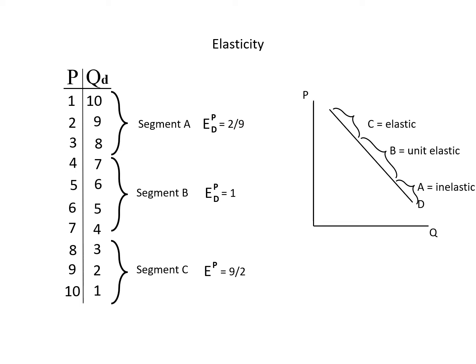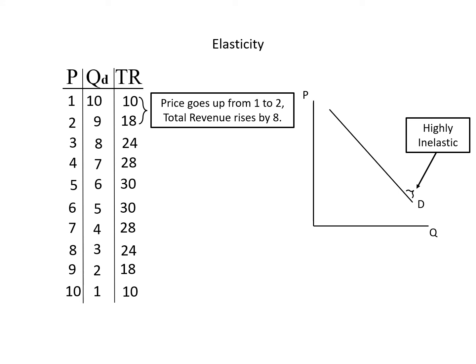But now, let's take an even closer look at the relationship between price, total revenue, and the elasticity of demand. Here we see that when the price of this product, whatever it is, goes up from 1 to 2, total revenue also rises from 10 to 18. This direct relationship between price and total revenue indicates that the demand is inelastic.